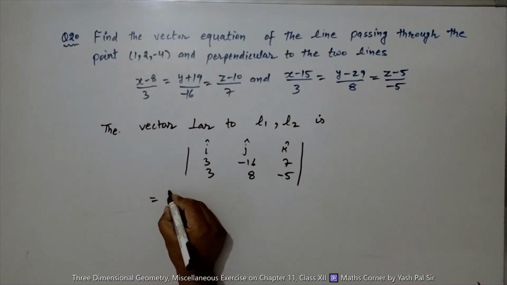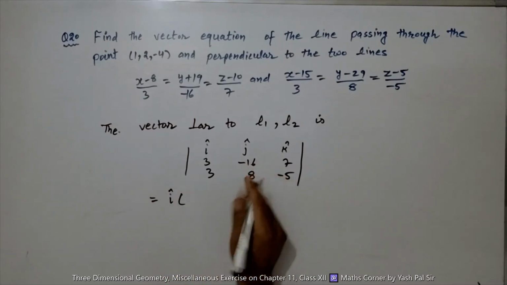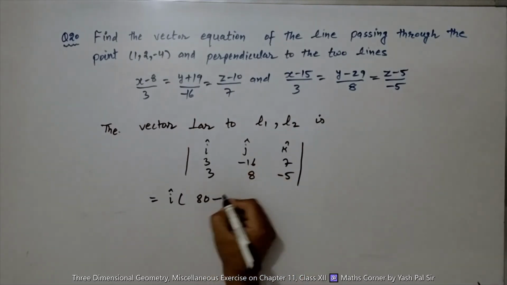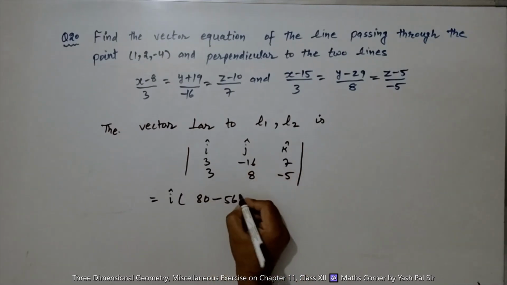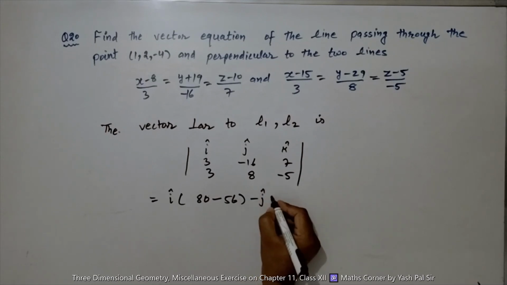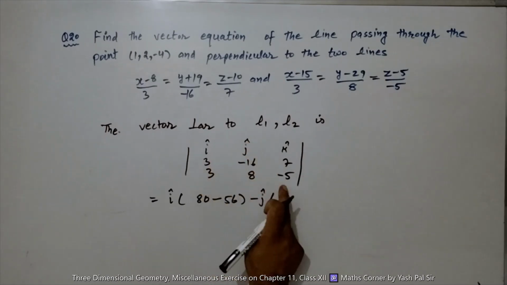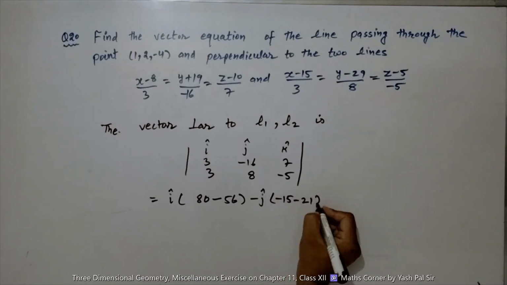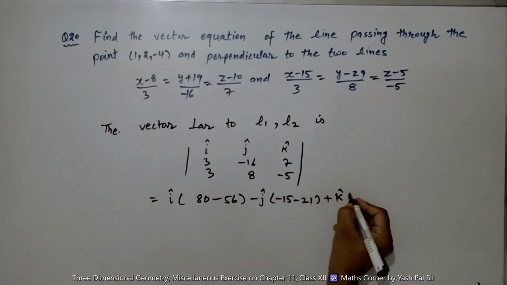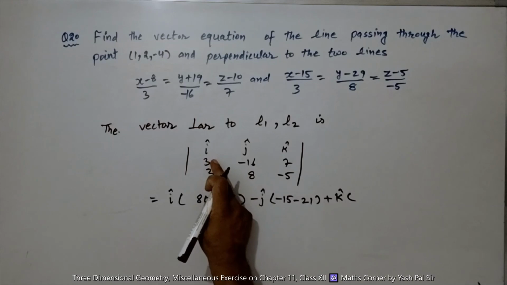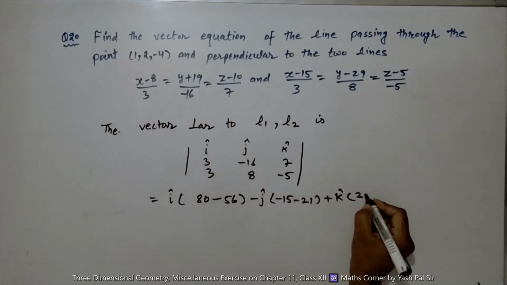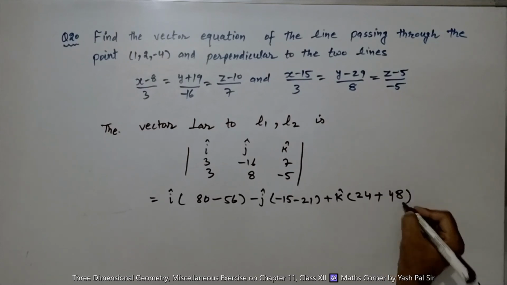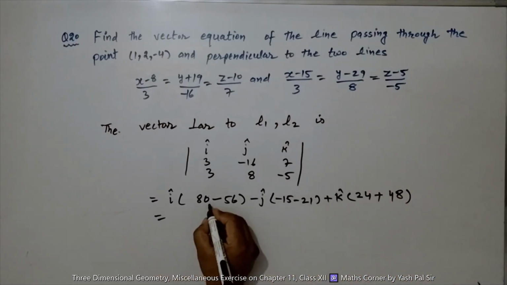So they are equal to i(80 - 56) minus j(-15 - 21) plus k(24 + 48).